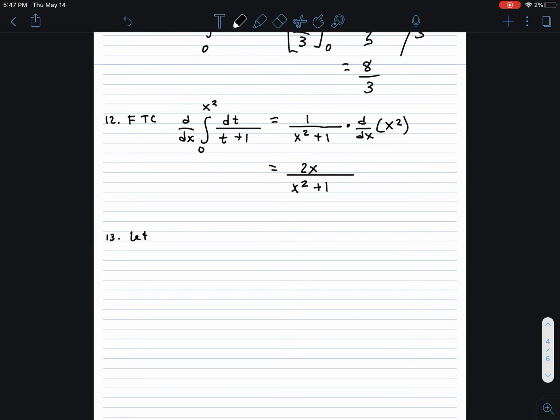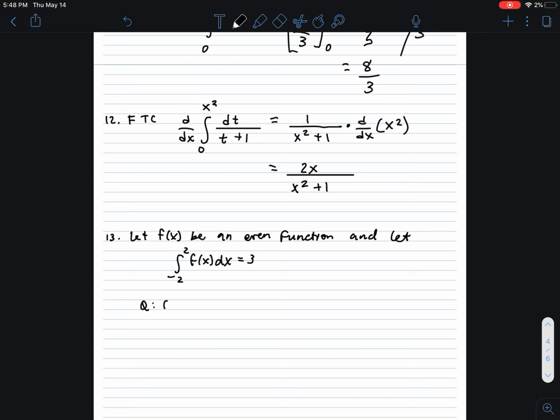Okay, let f of x be an odd function and let... no, that's not gonna work. Okay, sorry, let this be an even function and let the integral from -2 to 2 of f of x dx equal 3. Then if I could ask you a couple of questions.